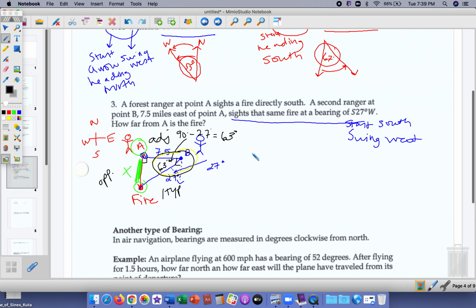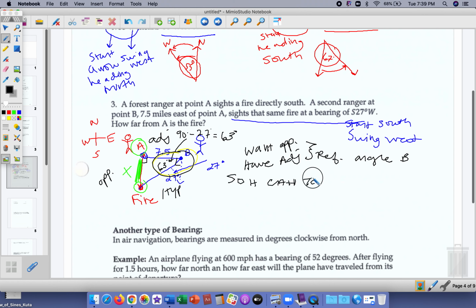So if I look at this, I want the opposite, and I need to use a side that I have a known value, and I have the adjacent side, and I'm describing in reference to angle B. So if we look at SOHCAHTOA, we have to decide which part of SOHCAHTOA we want to use.